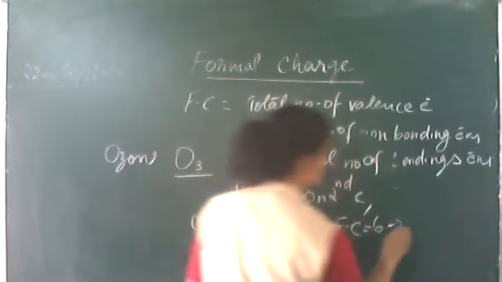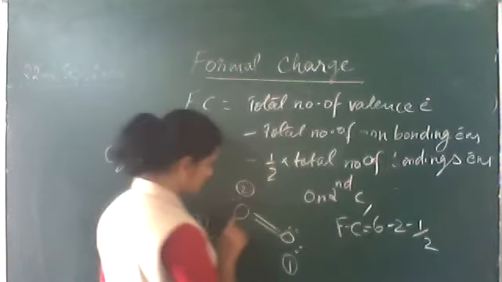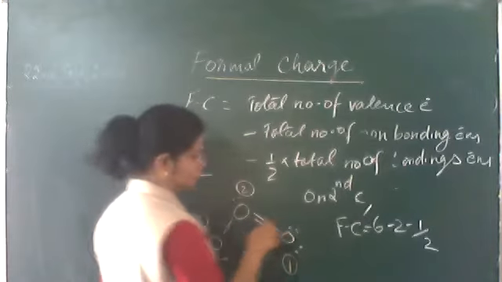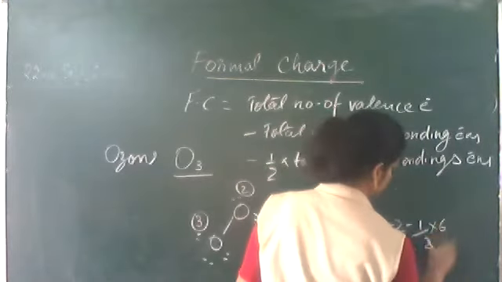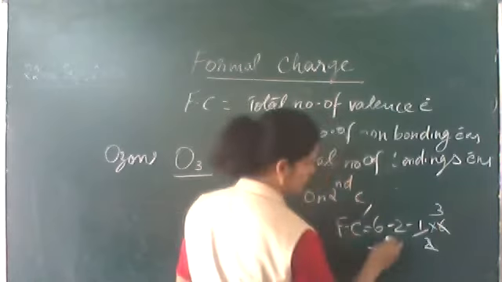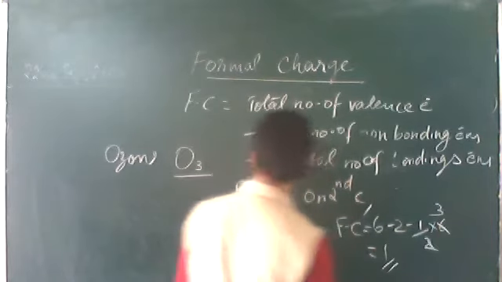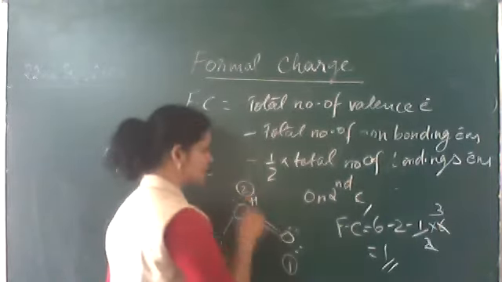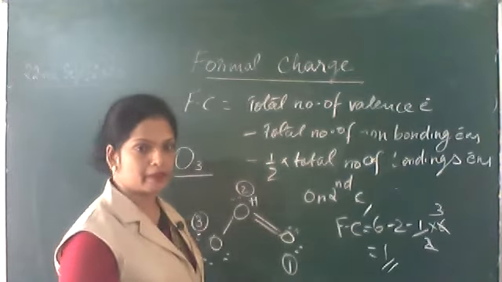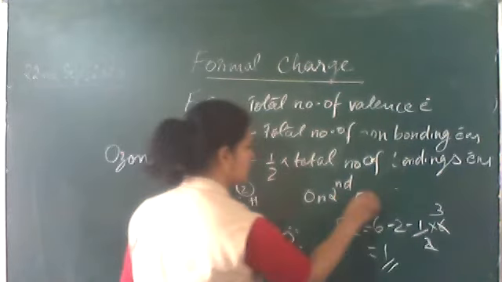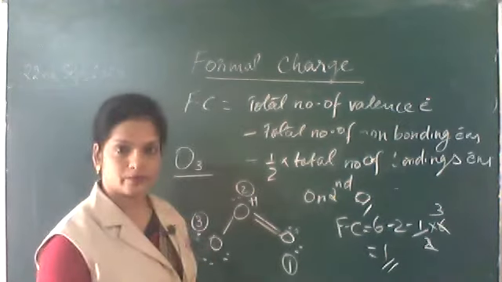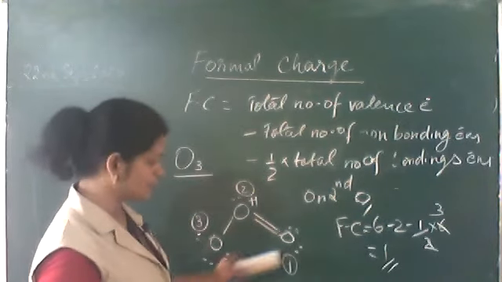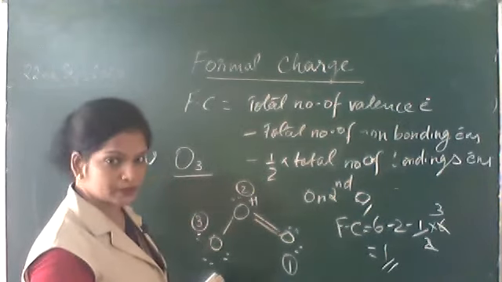So 2, minus half into total number of bonding electrons, 2, 4, 6. That is 6, so 3. So 6 minus 5, that is 1. So plus 1. I am writing plus 1 here on the second oxygen. First oxygen, second oxygen, third oxygen.